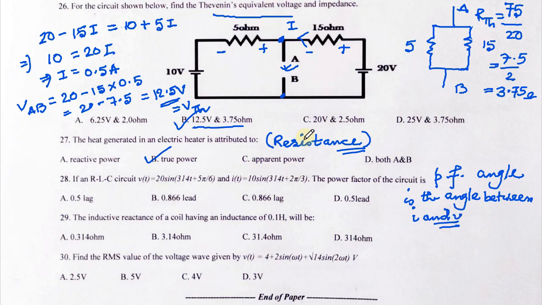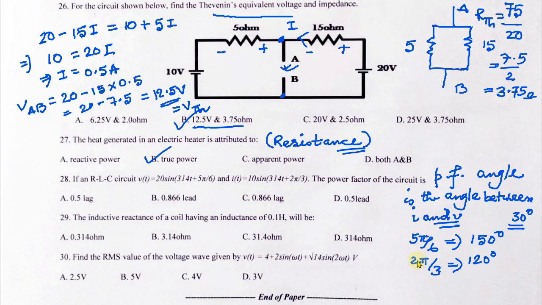So here you can see that the angle of voltage is 5 pi by 6, which is equal to 150 degree, and the angle of current is 2 pi by 3, which is 120 degree. So the angle between voltage and current is just subtract 120 from 150, 30 degree, and definitely the voltage here is ahead of the current.